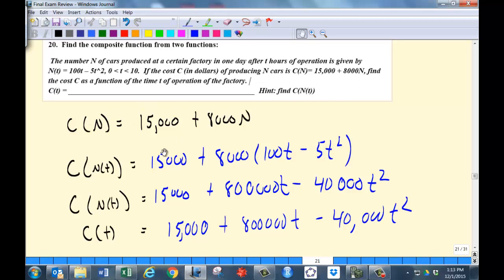So here we have it, and we plug this in here for n. And then we just distribute. So 800,000 t minus 40,000 t squared. And then we simplify and we get a function that involves t only. Next question.